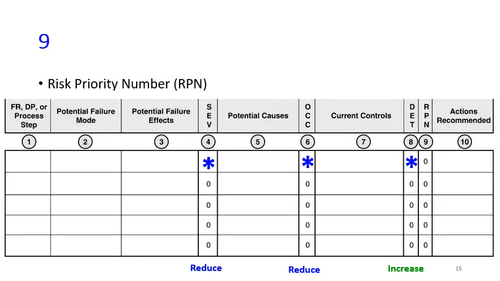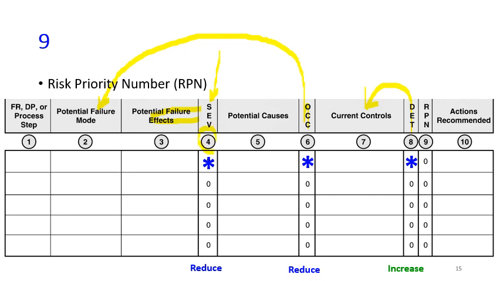So we have 3 ratings so far: the severity of the effect, how likely we think that this failure mode occurs, and the rating of how good we think our current design control is. Now in column 9, we multiply these 3 ratings.